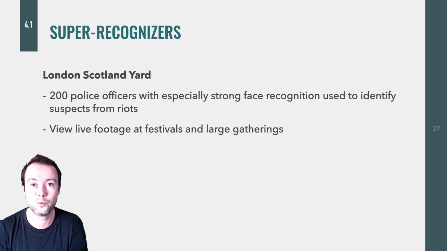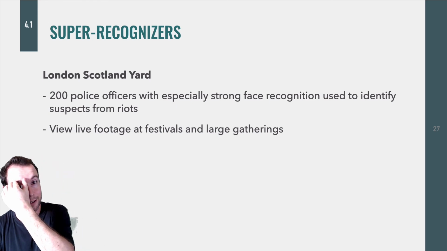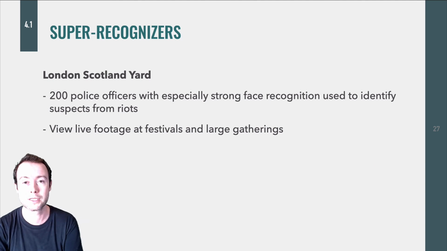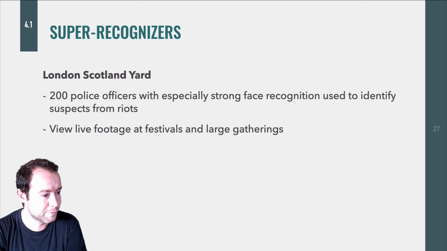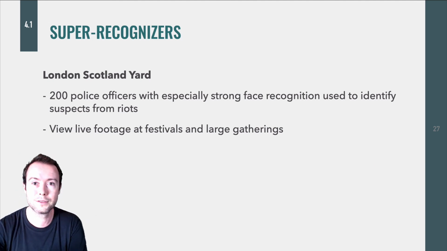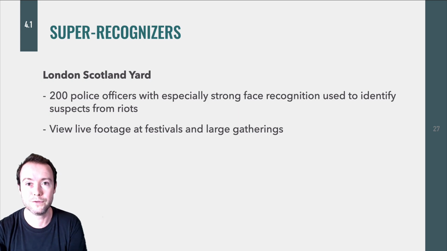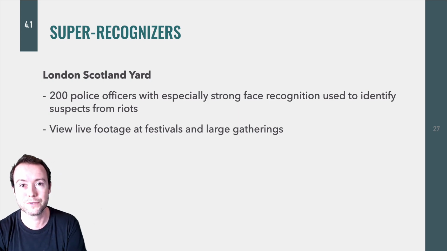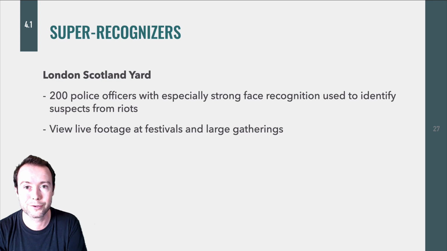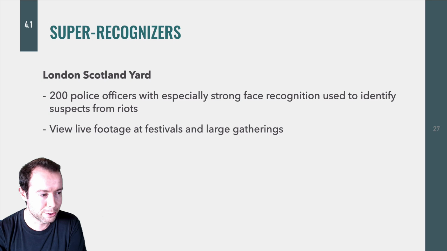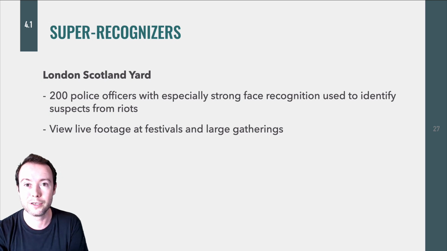You could also have them watching live footage at places where there's large gatherings. Again, this is relatively controversial, but if this police officer knows and stores the memory of hundreds or thousands of criminals that they are actively pursuing, they'd be very good at recognizing these people in the crowd.